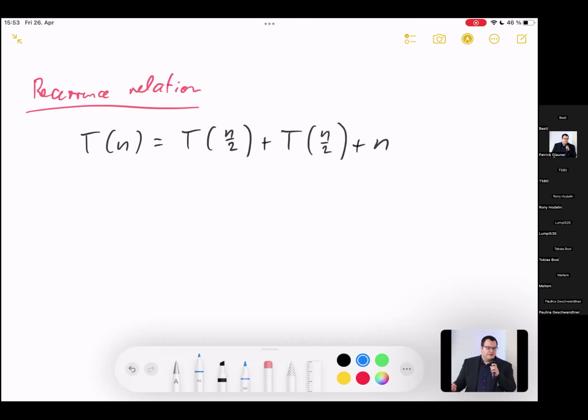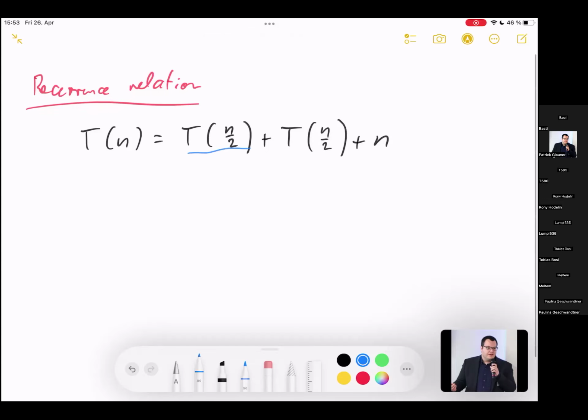Because we once look into the left, so this was the recursive call on the left, this was the recursive call on the right, and then we combine all of this. So we need to look into all the n elements again, plus some constant part for these checks, but that doesn't matter for now because that's irrelevant in this further analysis. So we look into the left recursively, then into the right, and we combine everything.